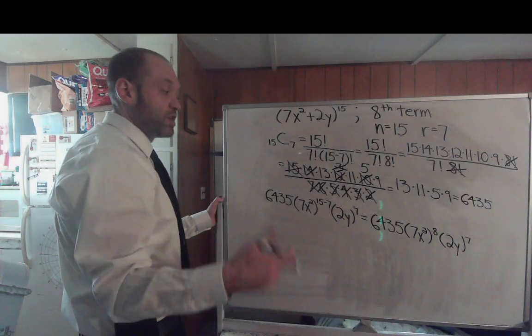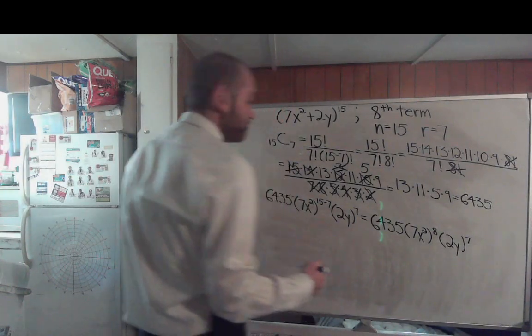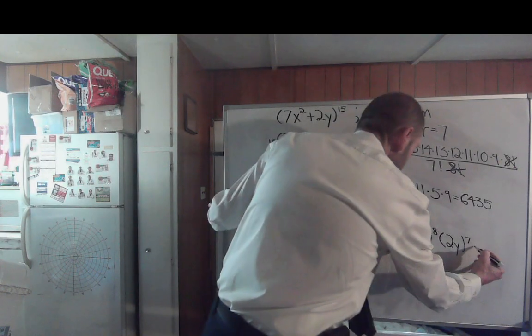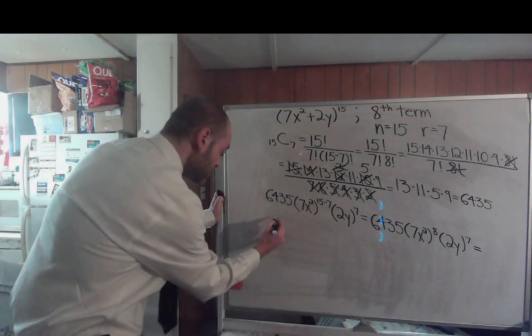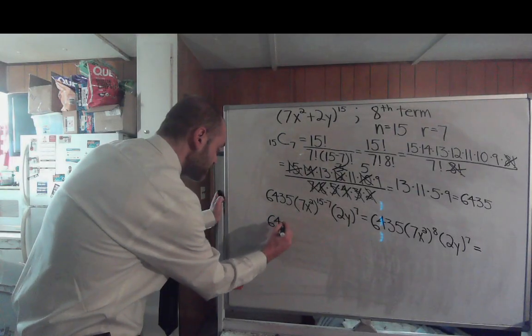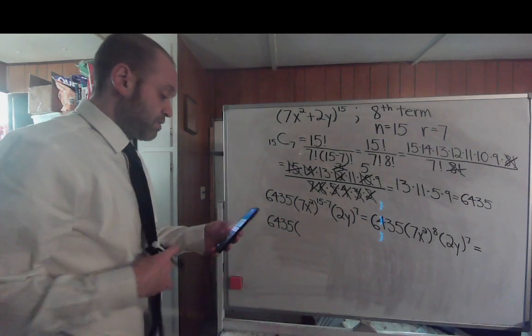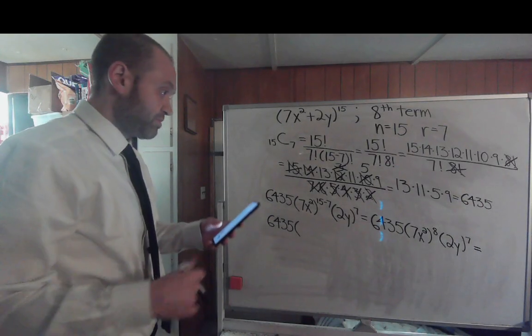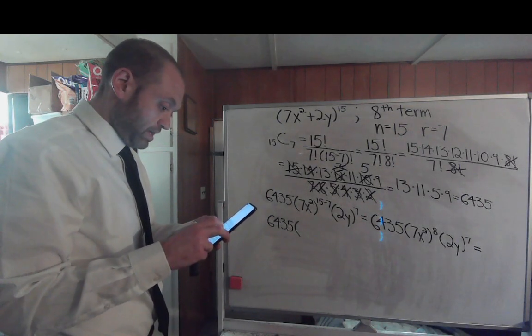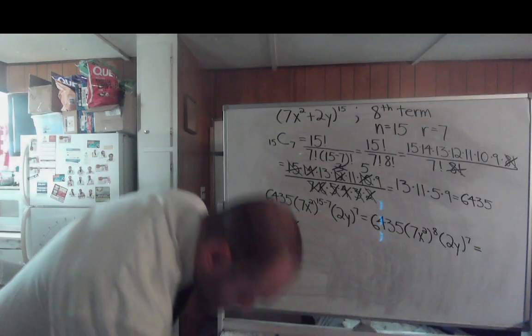Now we'll actually go ahead and apply the powers. So we'll still have that 6,435. Now take that 7x squared raised to the 8th power. First we start with 7 to the 8th power. That's a big number.